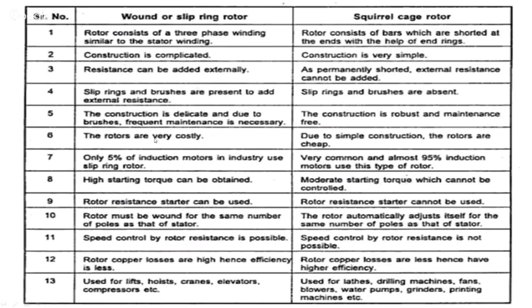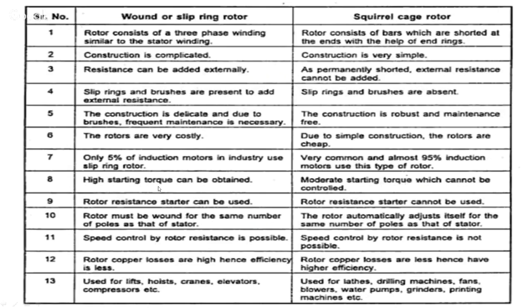Slip ring rotors are costly, whereas squirrel cage rotors are cheaper. Only 5% of induction motors in the industry use slip ring rotor, whereas squirrel cage rotors are very common and nearly 95% of the induction motors used are of this type.